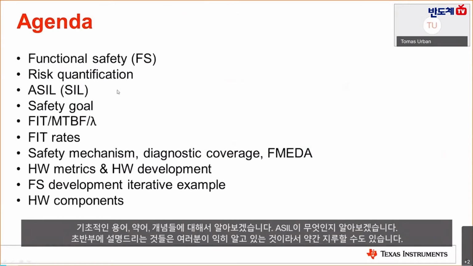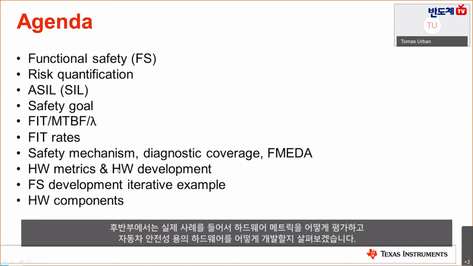A few facts in the beginning, maybe a bit boring, maybe a recap for someone. Well, don't leave early. The second half is a practical example of how to evaluate hardware metrics and how hardware development looks in automotive safety.